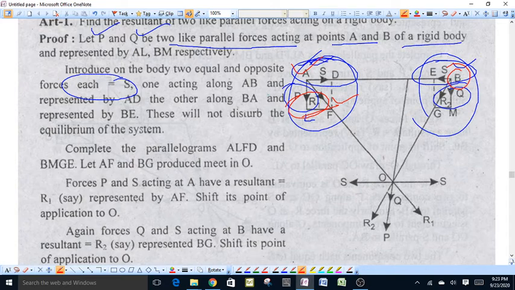Similarly, by the parallelogram law of force addition, the resultant of force Q and S will be BG, the diagonal of the parallelogram BMGE.